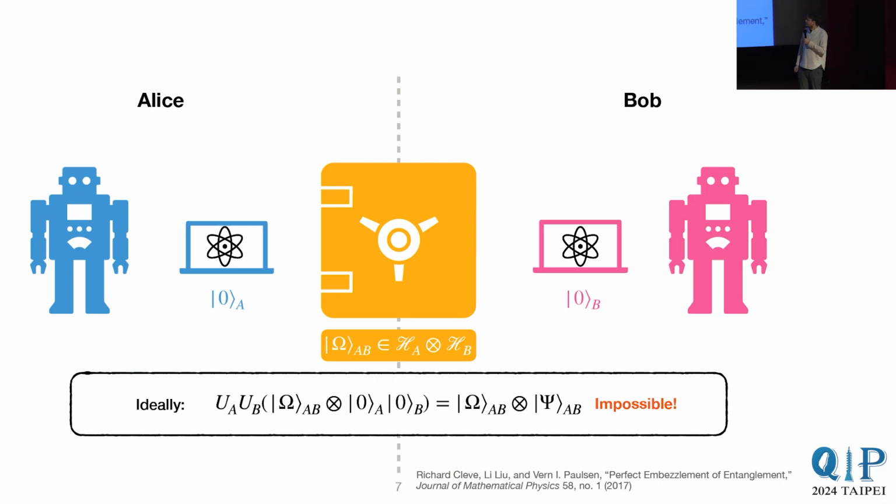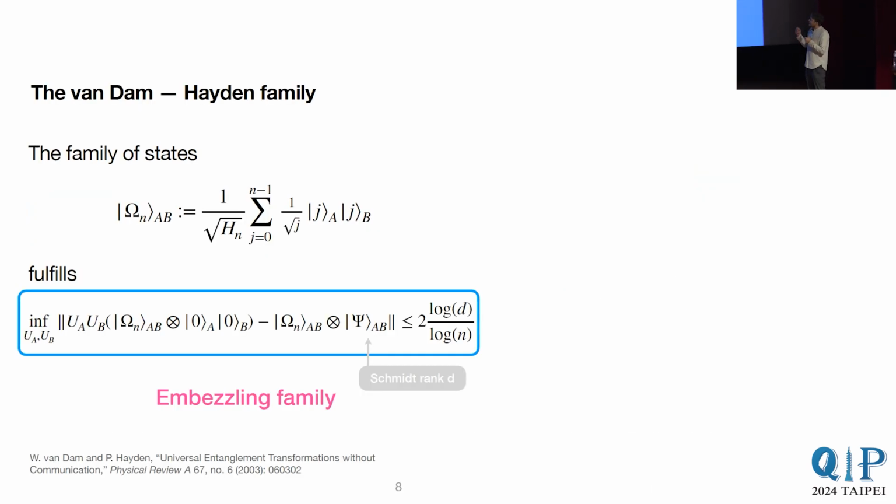Okay. But as always, if you have a sort of no-go result, you should check whether it's stable under perturbations in some way. And indeed, 20 years ago, Van Dam and Hayden found this very beautiful family of quantum states of Schmidt rank n, which have these very peculiar Schmidt coefficients.